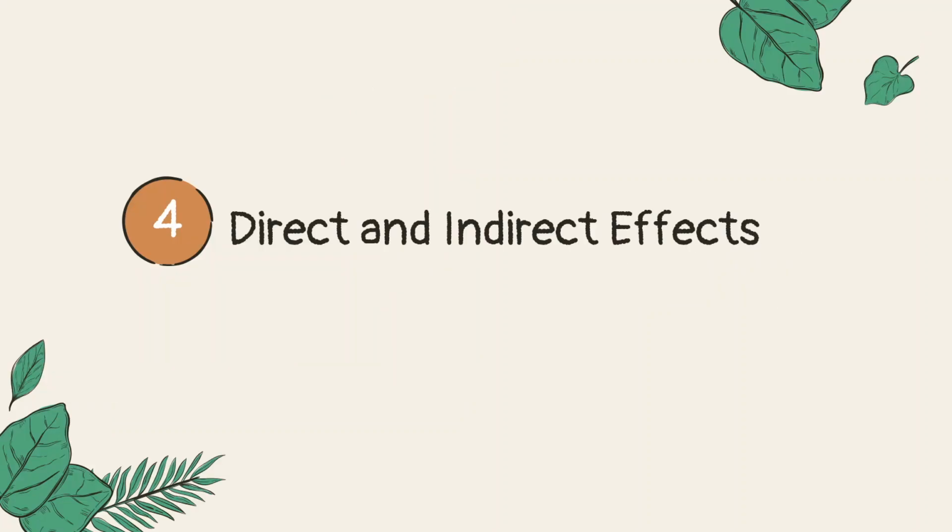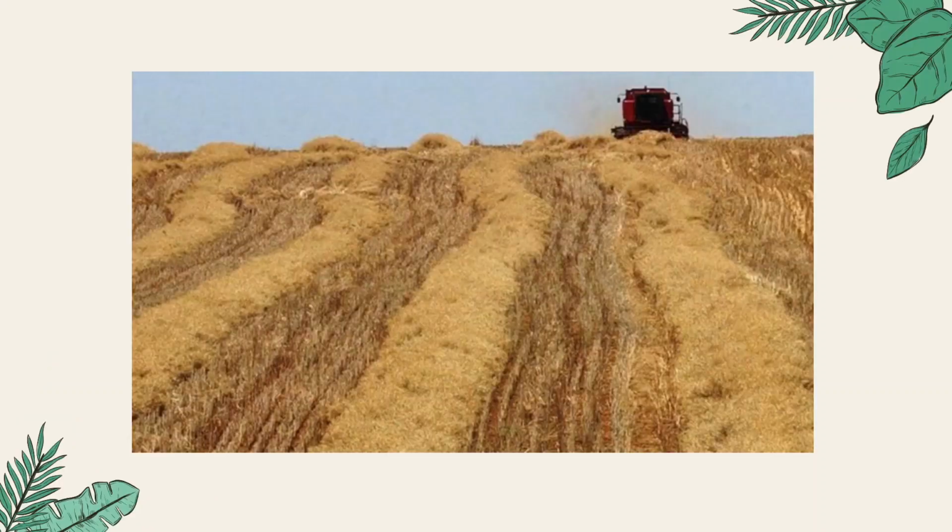And lastly, if we talk about the direct and indirect effects, we can say that general development and agriculture are some of the most harmful practices to the savanna, along with the oil industry, poaching, and unsustainable tourism.